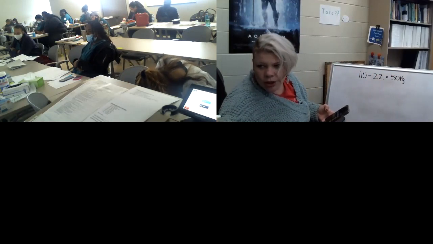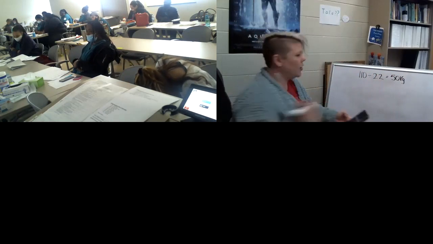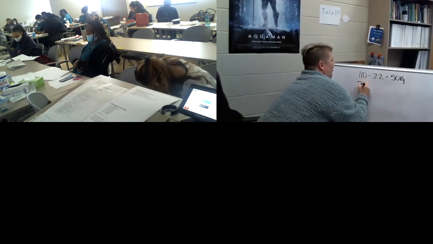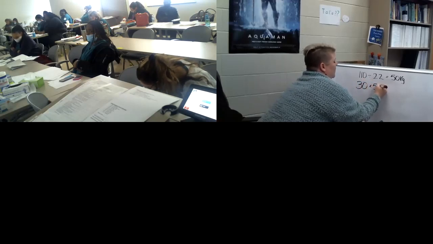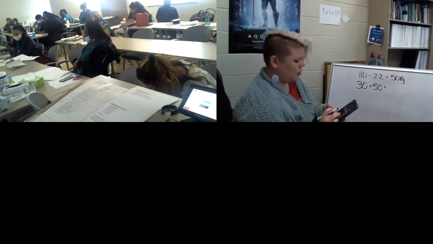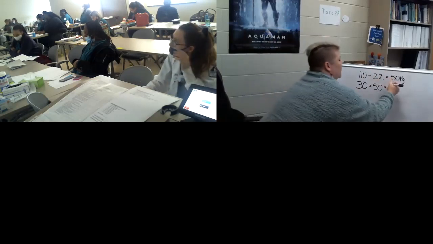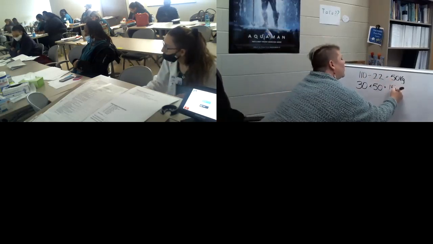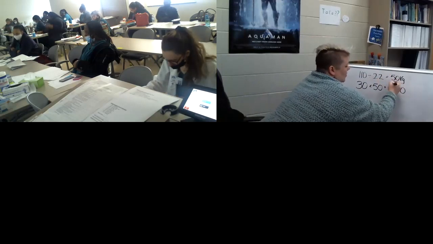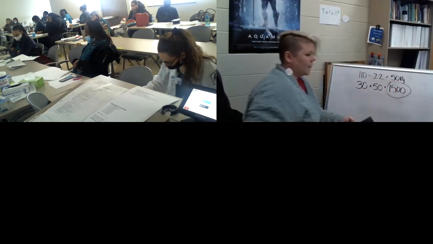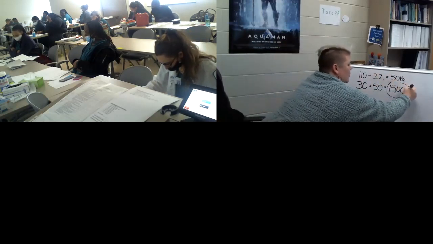So the order is for 30 milligrams per kilogram. So you have to multiply 30 times 50, which is 1,500. So now you know what the dose is. This is your dose, 1,500 milligrams.